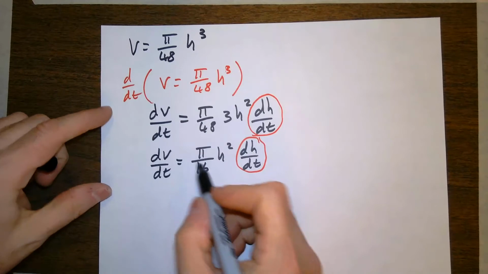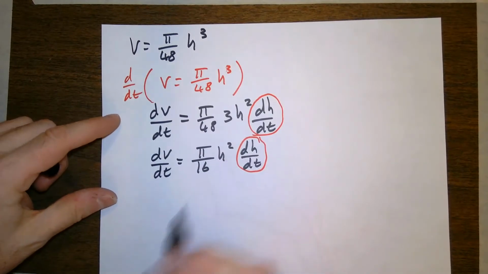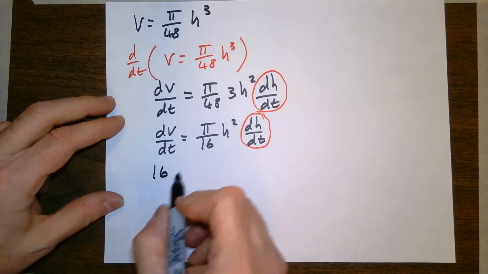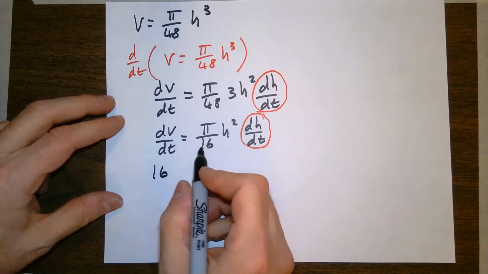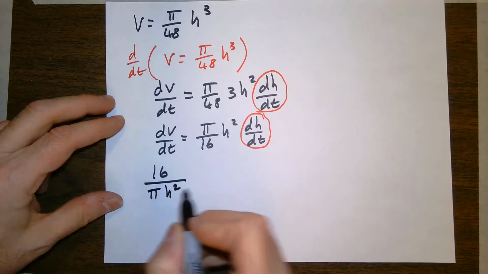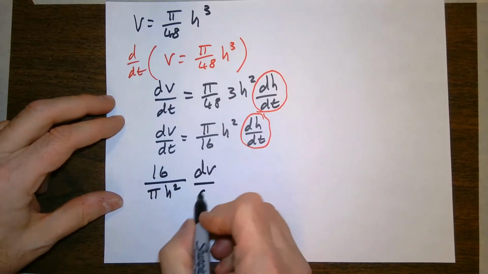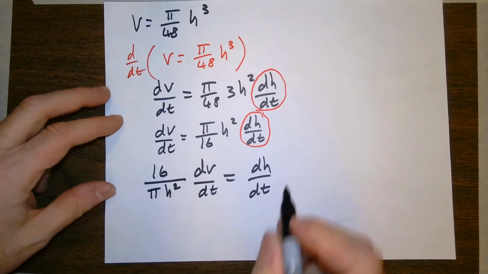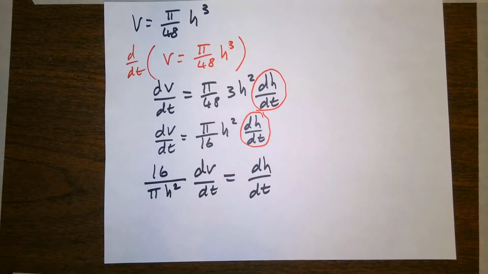So multiply by 16, divide by pi, and divide by h squared. I'm going to get 16 over pi h squared dv dt equals dh dt. Hopefully that wasn't too crazy there, solving for dh dt.